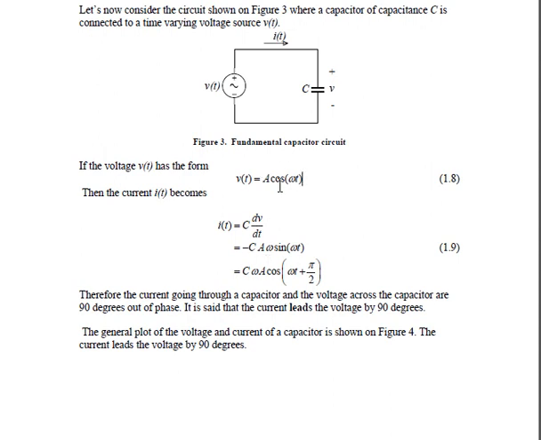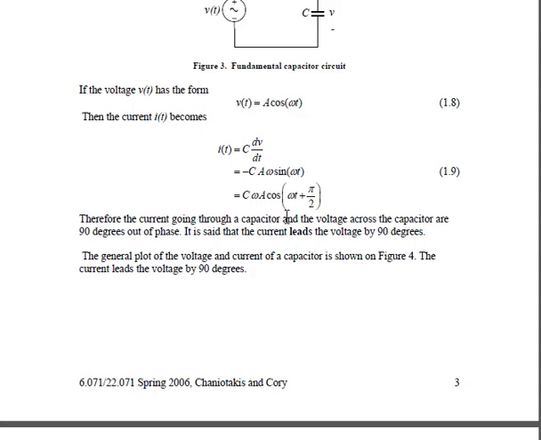The derivative of a cosine of omega t is equal to negative sine of omega t times the derivative inside the argument, so we have here omega. All in all, we have I of t equal to negative C omega sine of omega t.